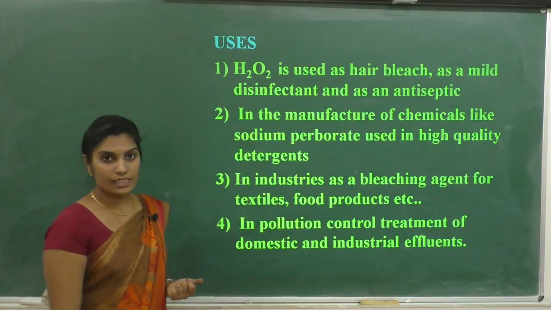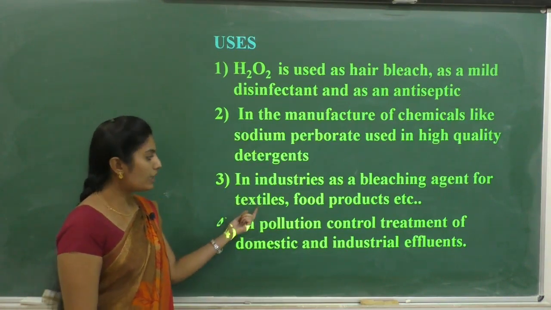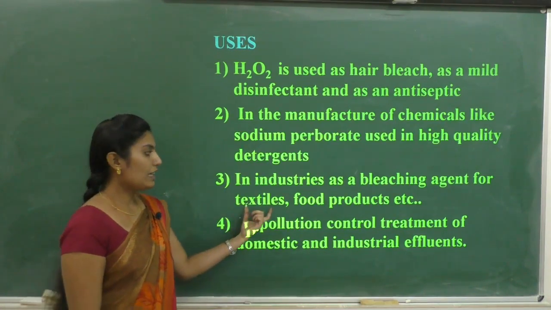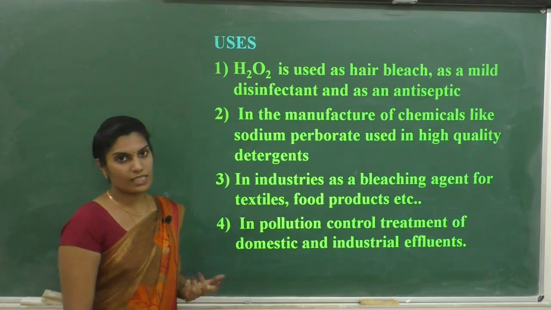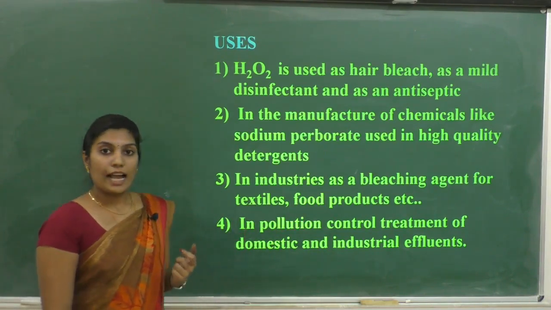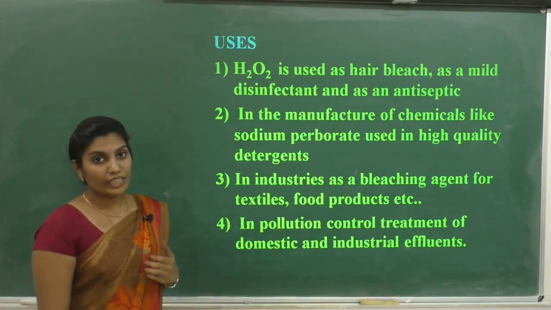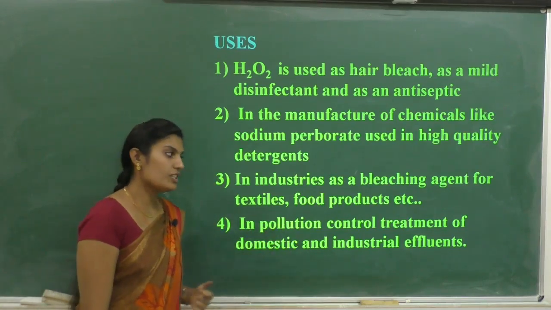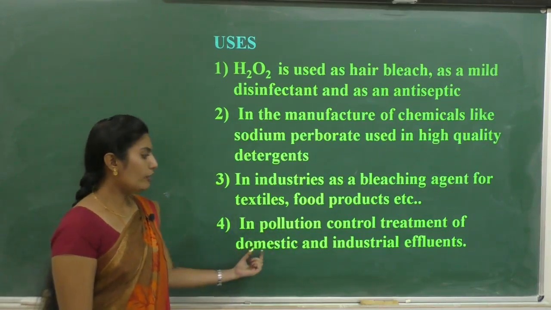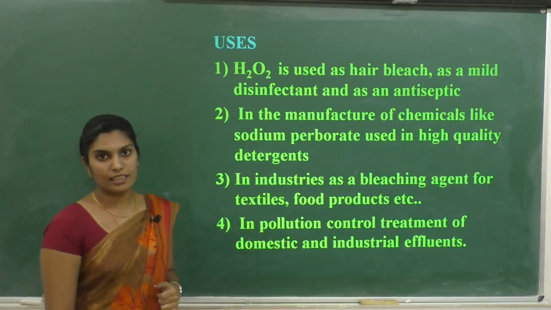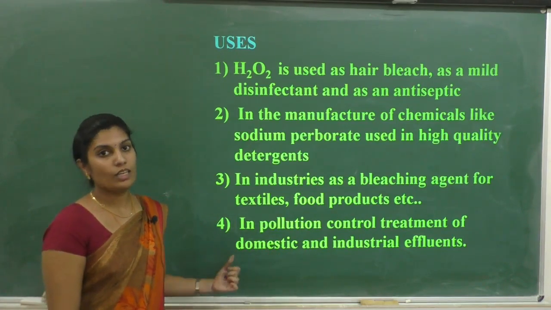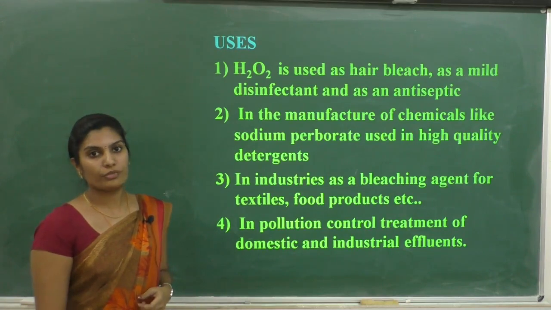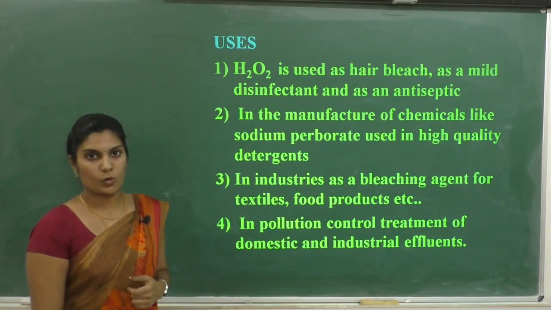In industries, it is used as a bleaching agent for textiles, food products, etc. And one of the important uses of hydrogen peroxide is in pollution control, treatment of domestic and industrial effluents.